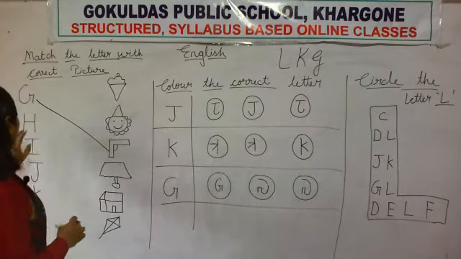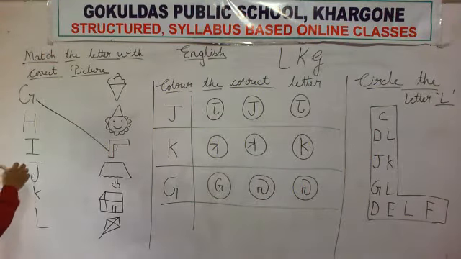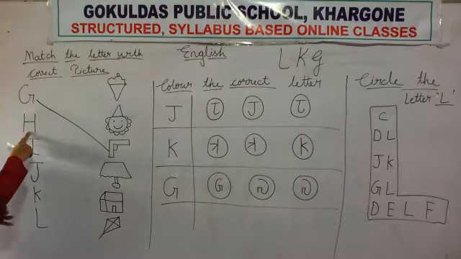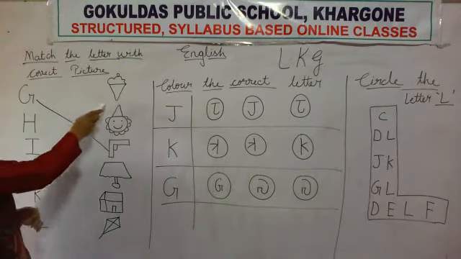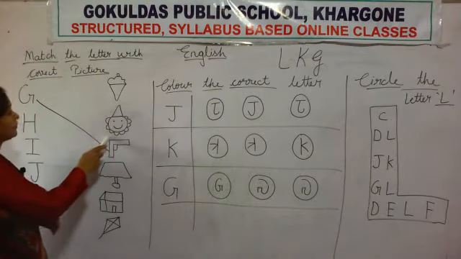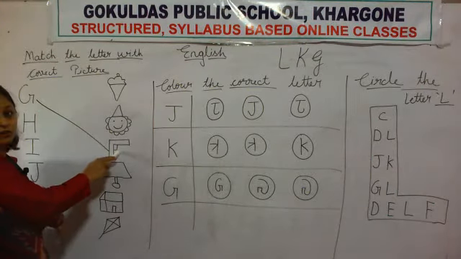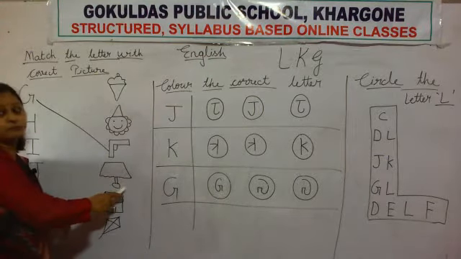Okay. Next. Which letter is this? This is H. H for ice cream? No. H for joker? No. H for gun? No. H for lamp?